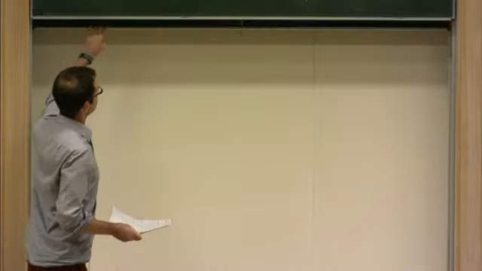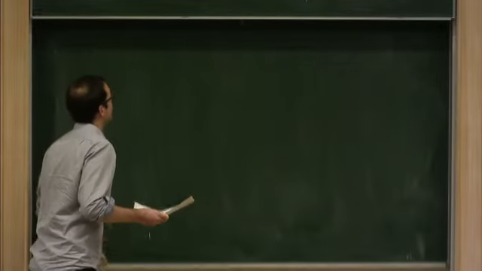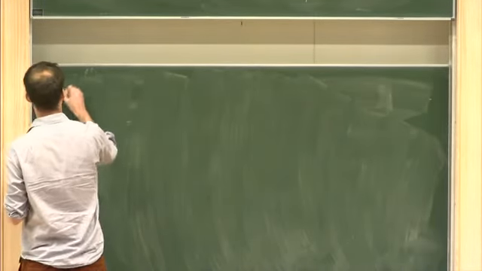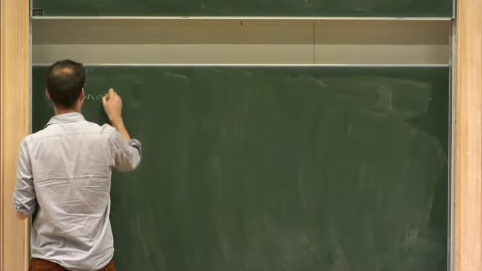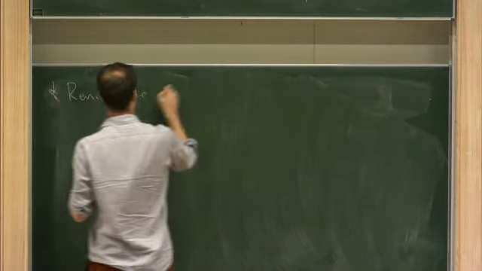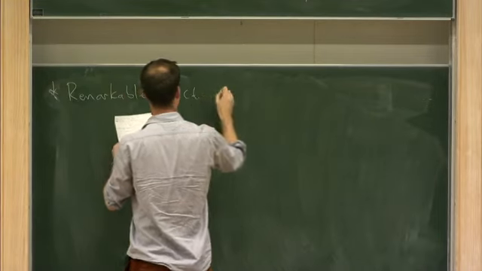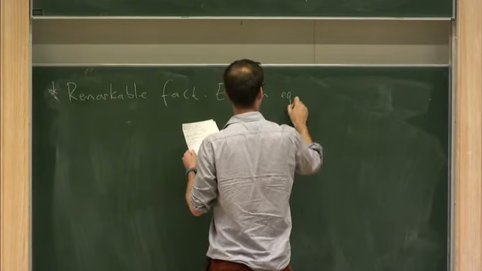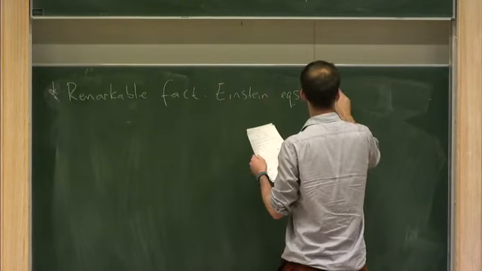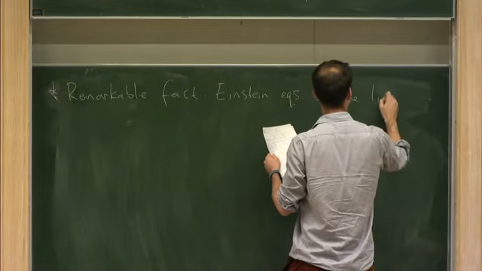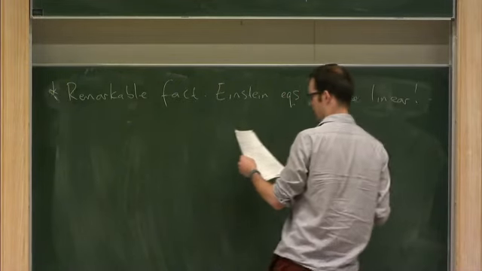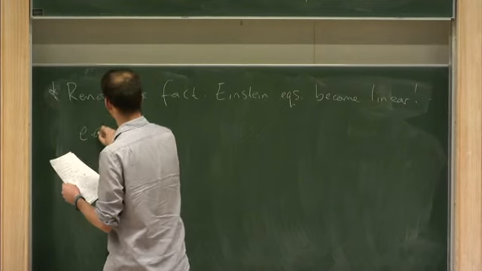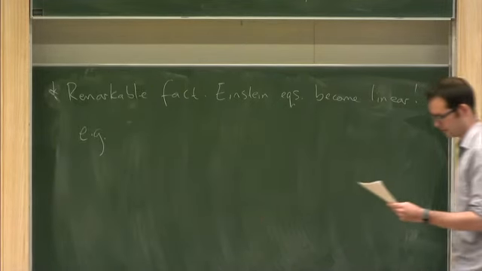But the reason those solutions are very special is because you can show that they linearize the Einstein equations. So that's quite remarkable, especially if you've not seen this before. A remarkable fact is that the Einstein equations become linear. So just as an example, I can give you the Ricci tensor on just general grounds.